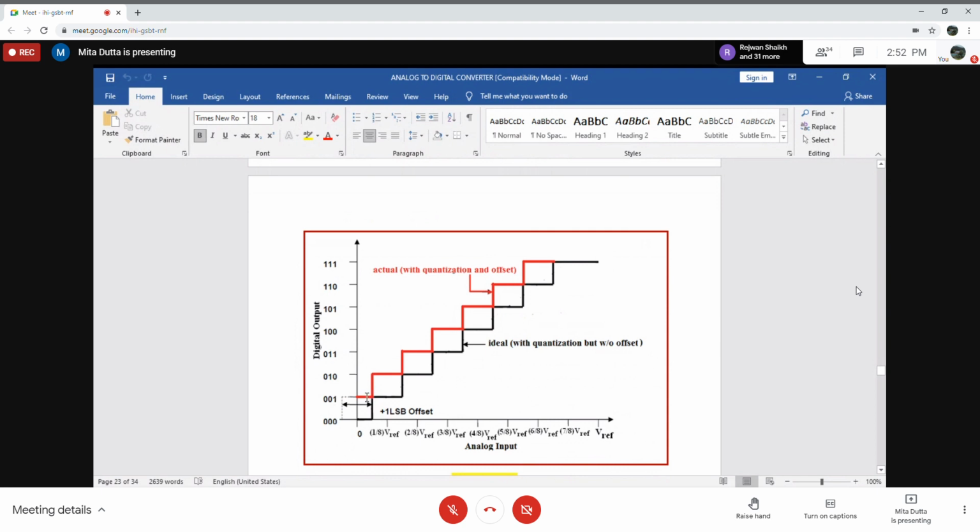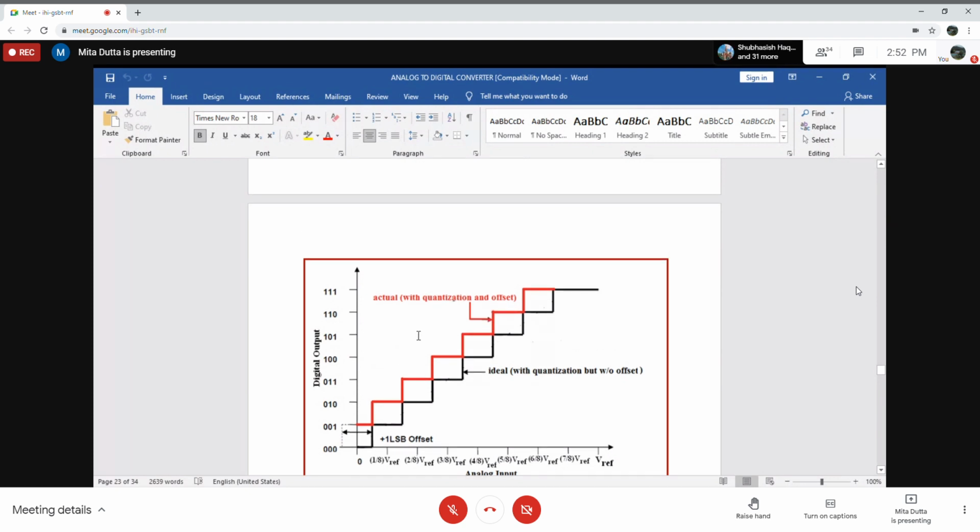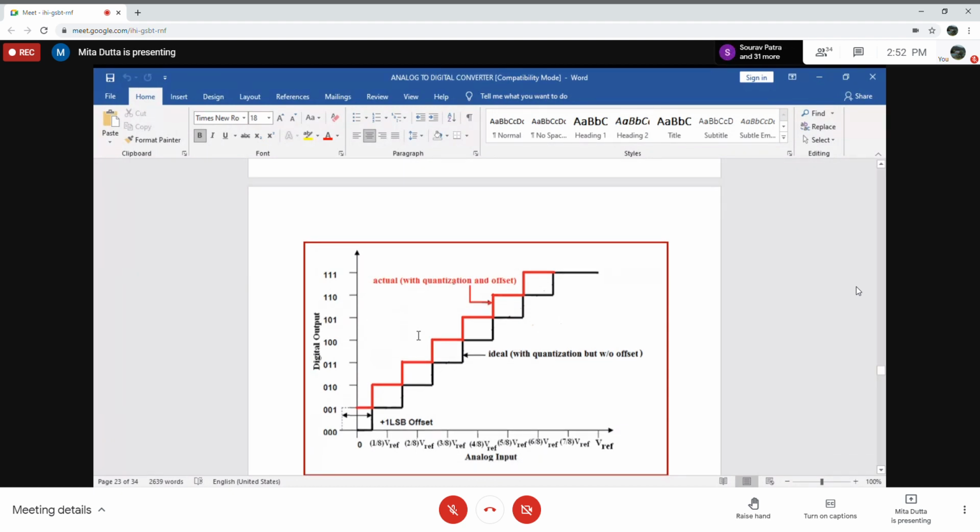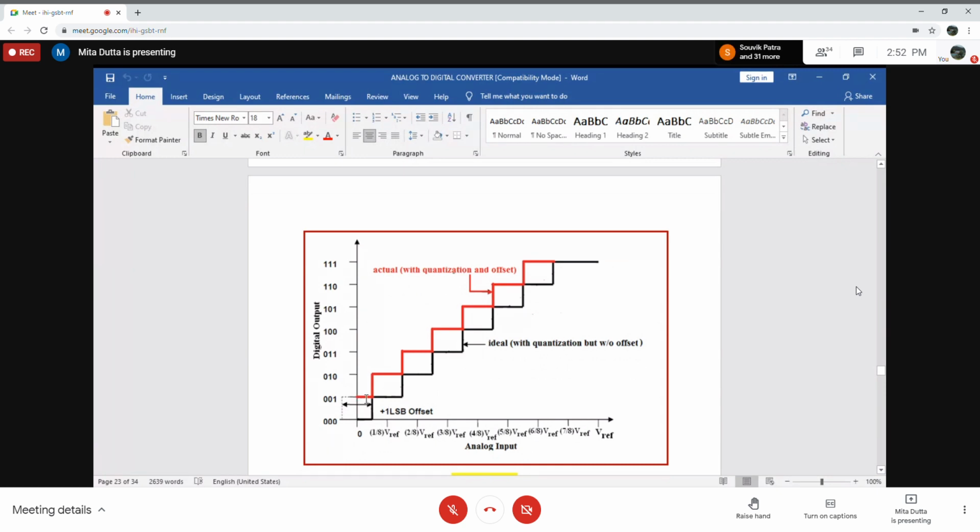No, from the 001 transition to the 010 transition, the actual one will be 1 LSB, because we know that in an ideal input-output relationship of a 3-bit rounding-off type ADC, the quantization step will be 1 LSB.